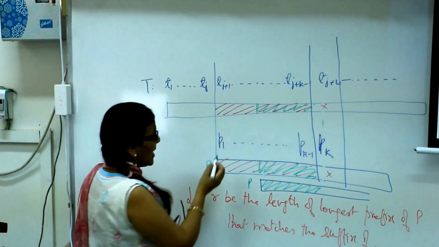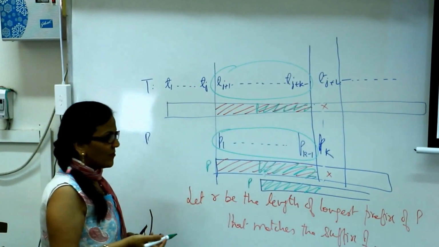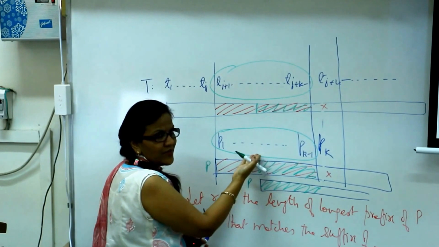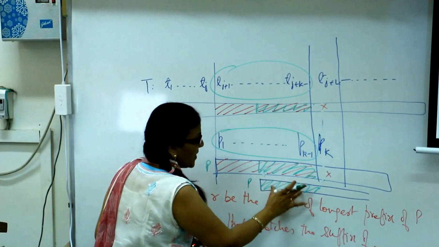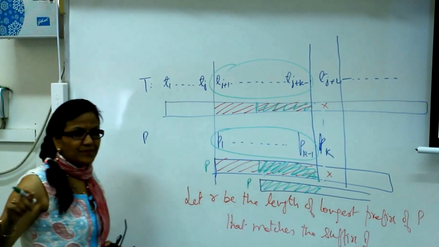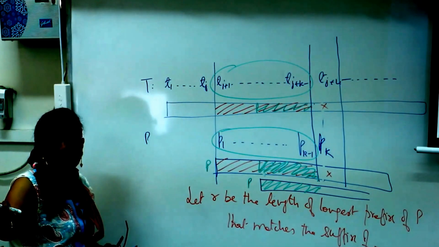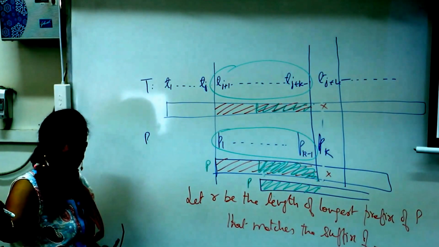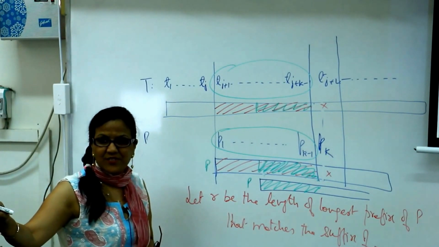Now I am using the fact that I had already matched this part of pattern with this part of text. Failure occurred here. So this information I already have in my pattern. So I will try to match the prefix of the pattern with the suffix of the part of the pattern that has been matched.